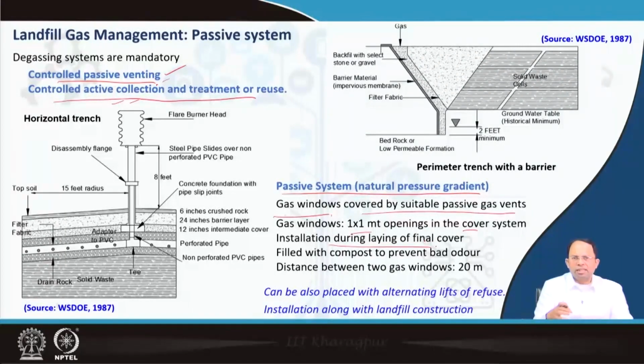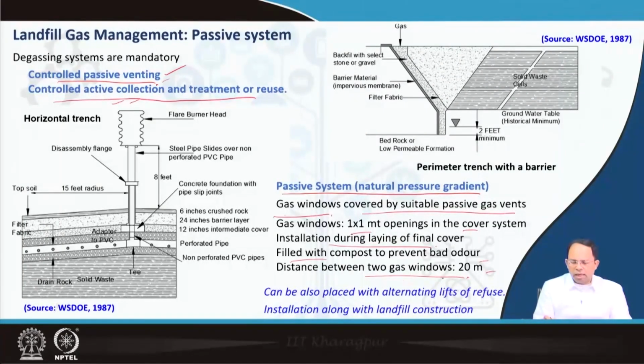Of course, we have to create some holes in the final cover to allow the gas to come out. We fill this particular opening with compost so that it doesn't result in odor. Distance between two gas windows is around 20 meters. I will show you an image of this in one of our case studies later on.